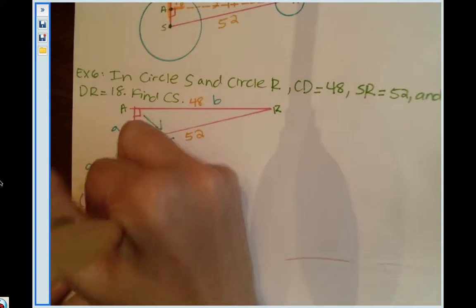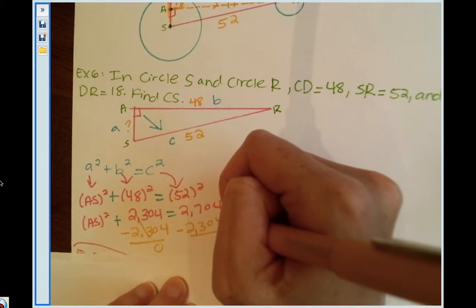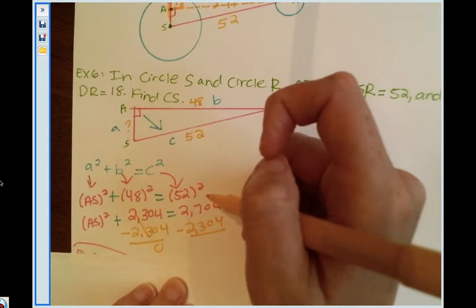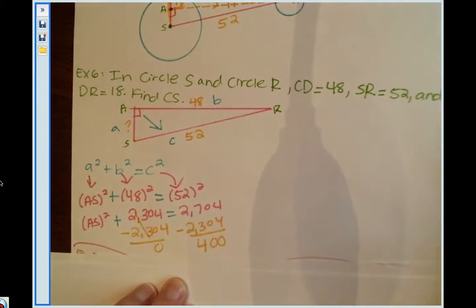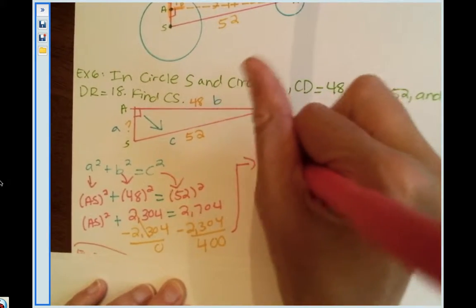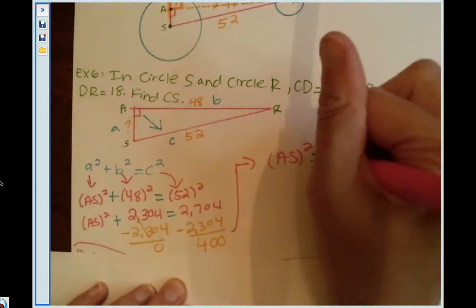But anyways, this will cancel out and turn to 0. And then 2,704 minus 2,304 would give me 400. So we know AS squared equals 400.